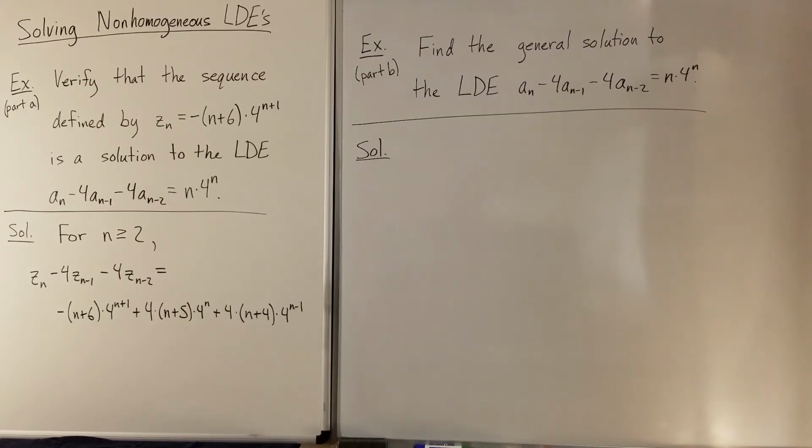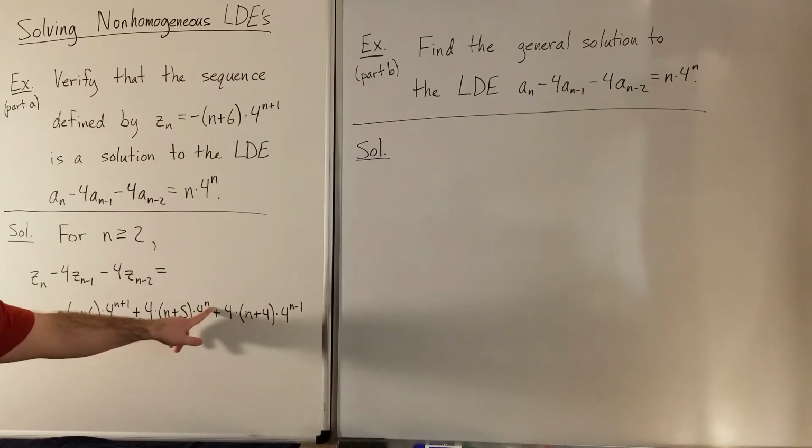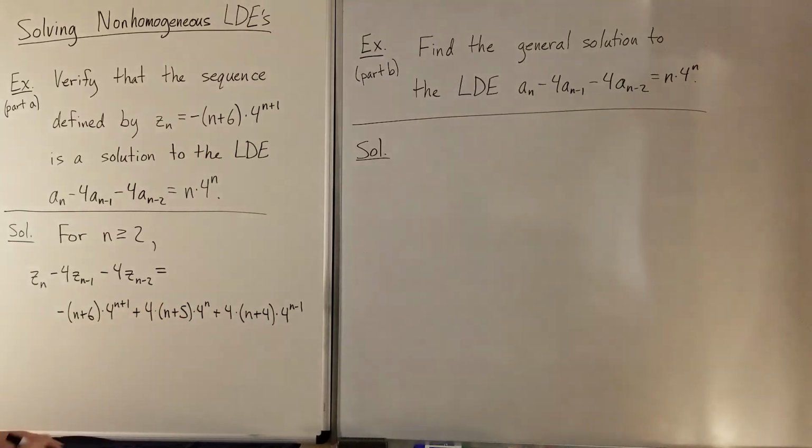Alright, so this is a little bit messy. We're just going to try to clean it up. So to start out with, I'm going to group the 4's together. So I have 4 times 4 to the n here, and that's just 4 to the n plus 1.